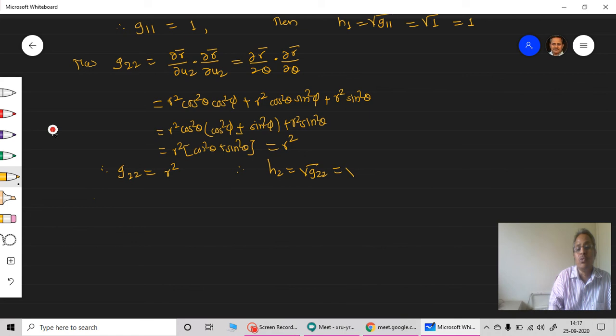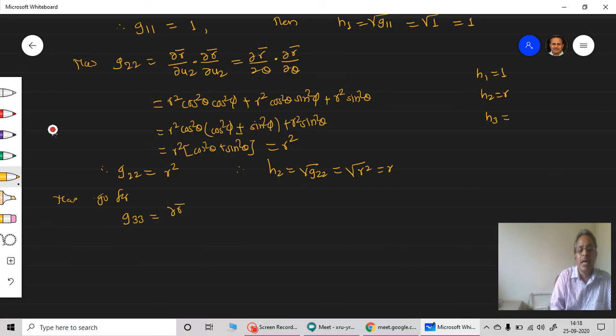This is root of r square, and that is r. So here I'll make a list: h1 is equal to 1, h2 is equal to simply r, and we have to go for h3. So now go for the third one, that is G33.